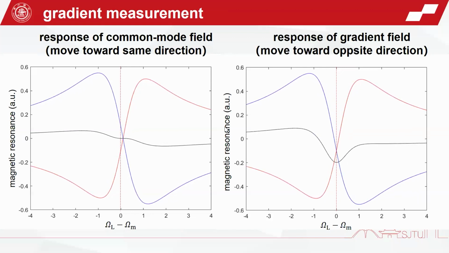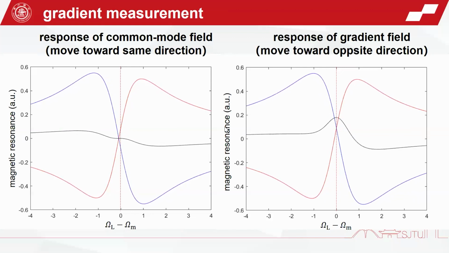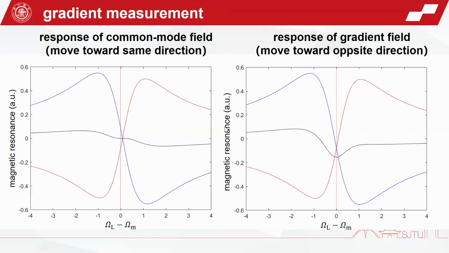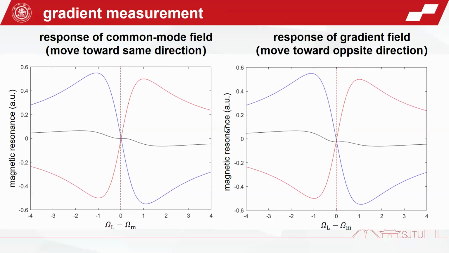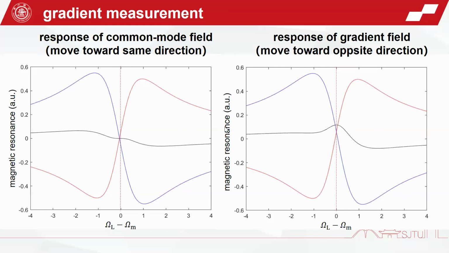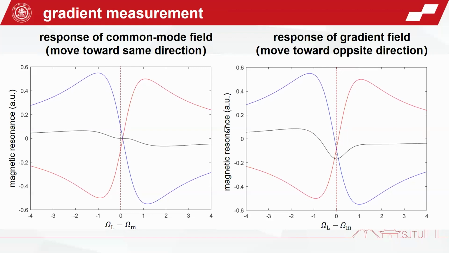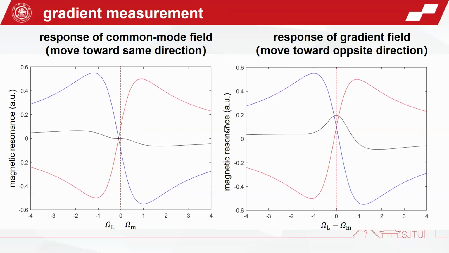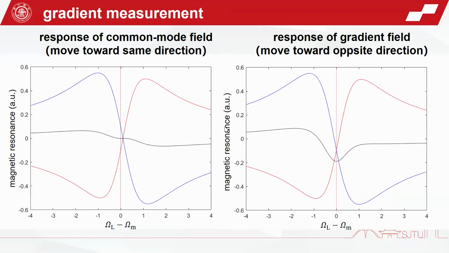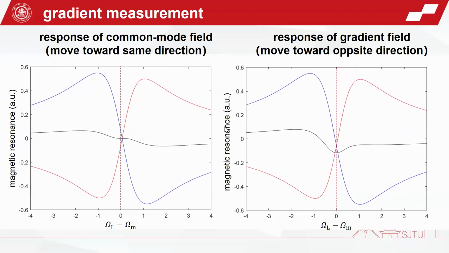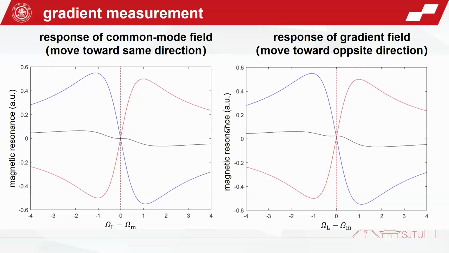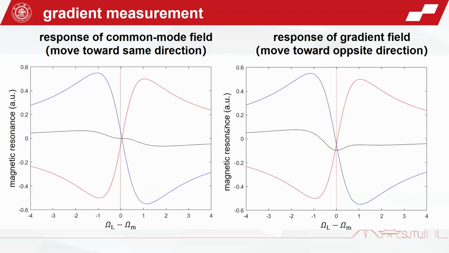The blue and red lines are the two resonances from two sensors, and the black line is the result from the gradiometer. So at the center, if they have the same response, the slope could be 0 for the black line. So they will have no response to the common mode field. But for the gradient field, these two lines move in opposite directions. So they will have a huge response here. So that's how we measure the gradient field and remove the response to the common mode field.